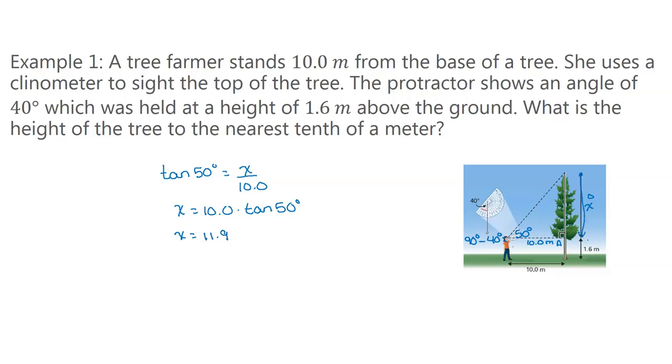What I need to do now is add on the height at which she held the clinometer, which is 1.6. So 11.9 plus 1.6 is 13.5. So we can say that the height of the tree is 13.5 meters.